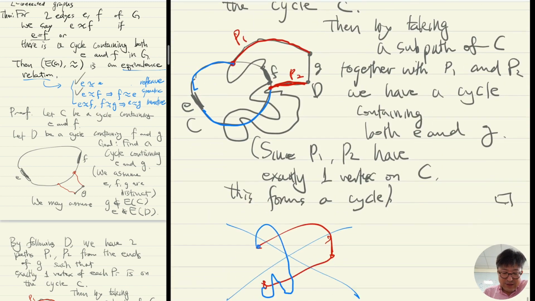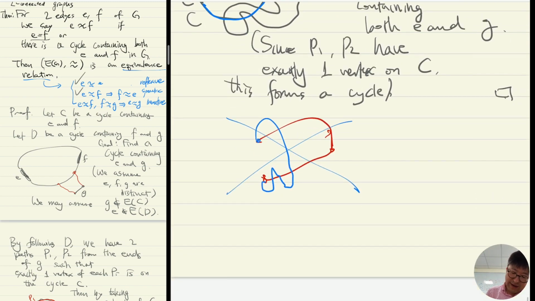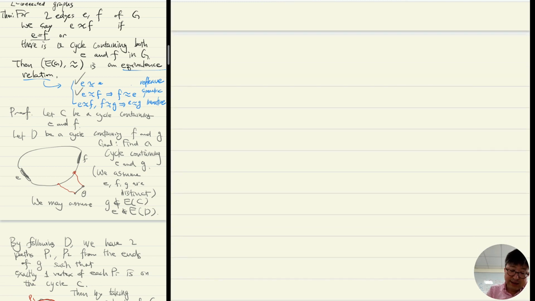So that's the equivalence relation, and that allows us to characterize two connected graphs very nicely. So let's do it. Theorem. We start with a connected graph.